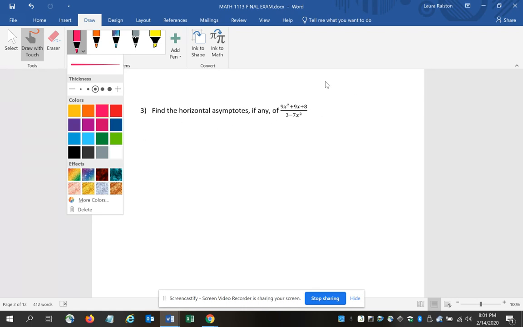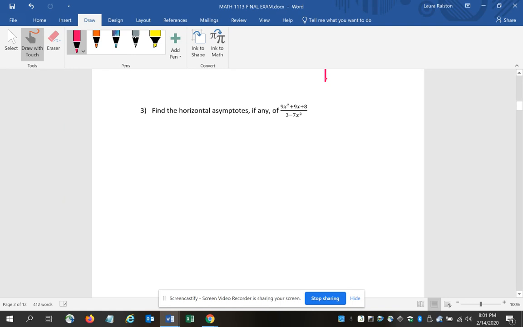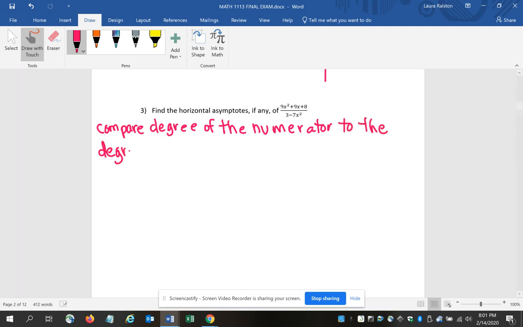You want to compare the degree of the numerator to the degree of the denominator.